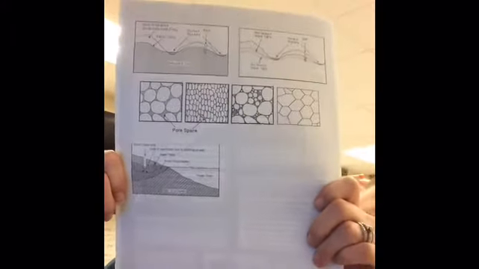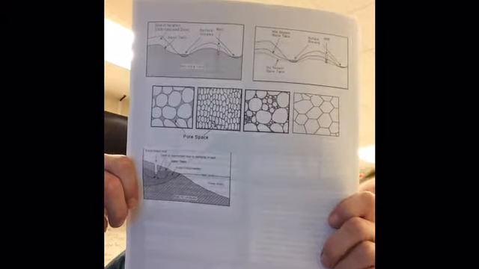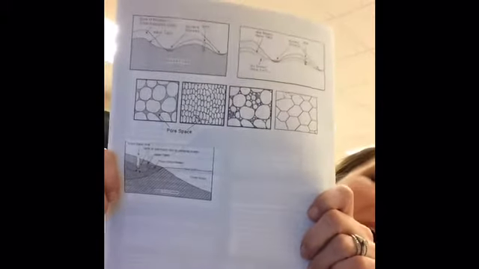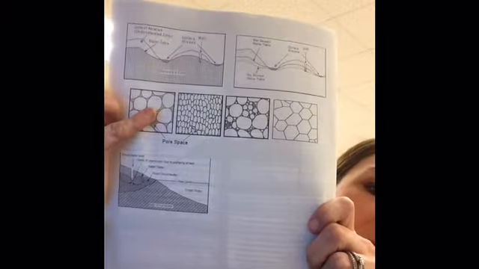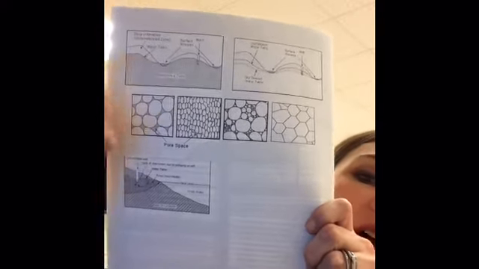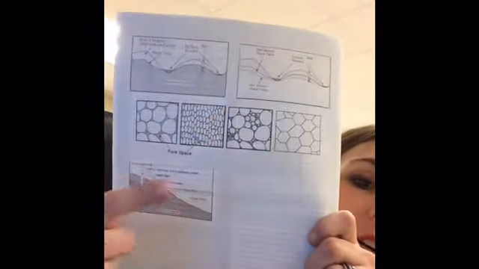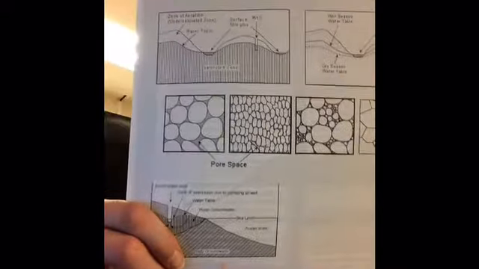Okay guys, this here is the last paper you need to be looking at tonight. We want to look at the porosity of these different materials as well as the structure in these pictures. So one thing I want you to notice is the porosity of the first picture.